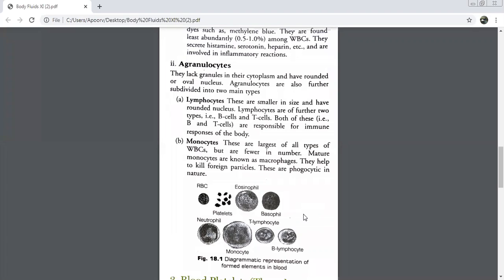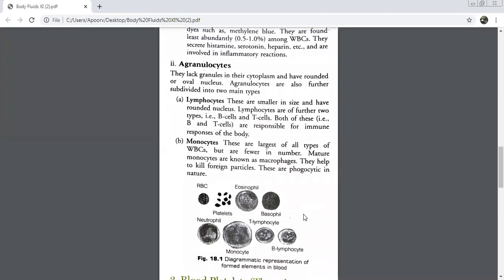Do you know the difference between B cells and T cells? The similarity is that both of them are responsible for immune responses. Any idea what the difference is, children? No idea?